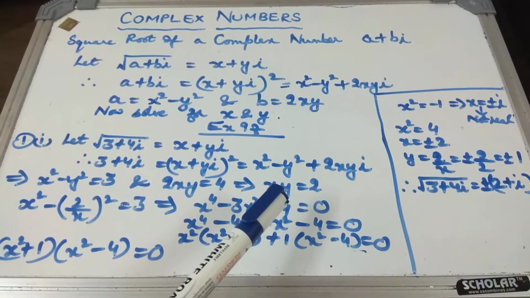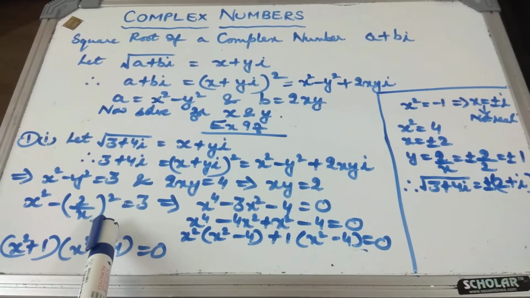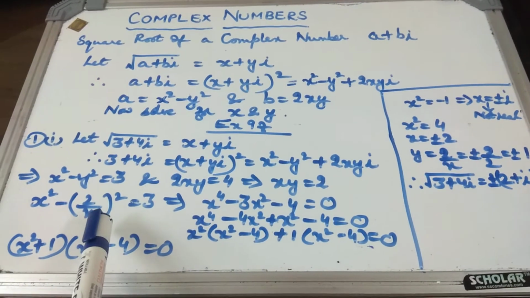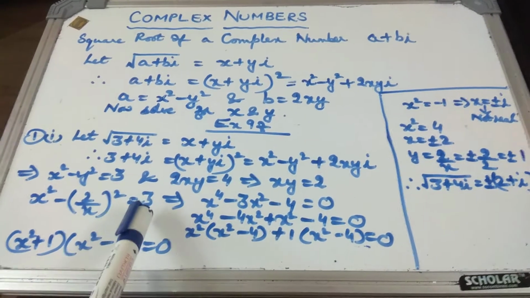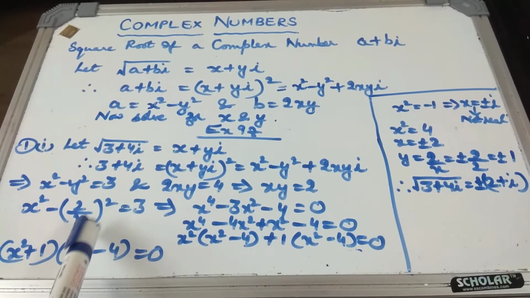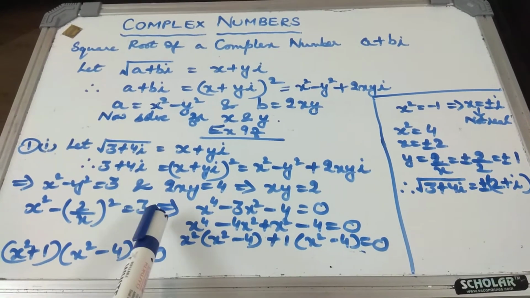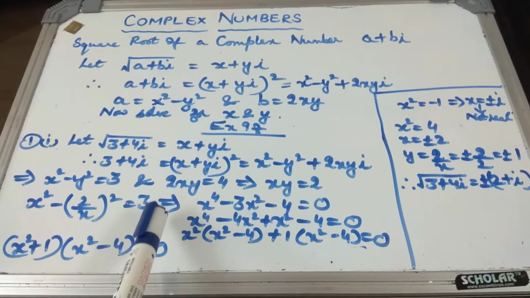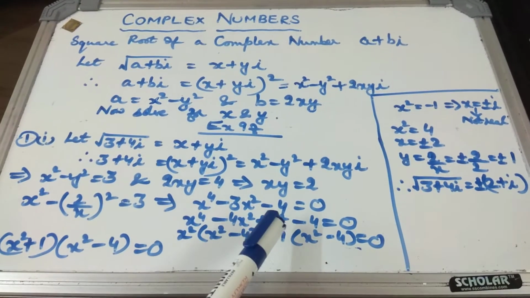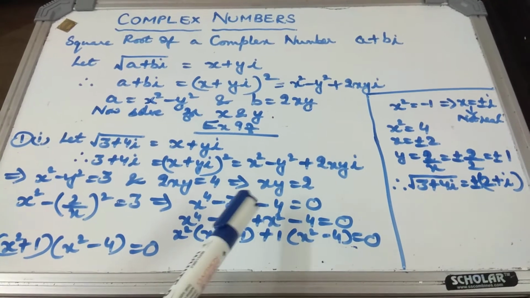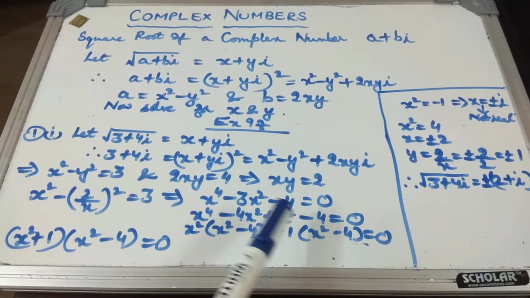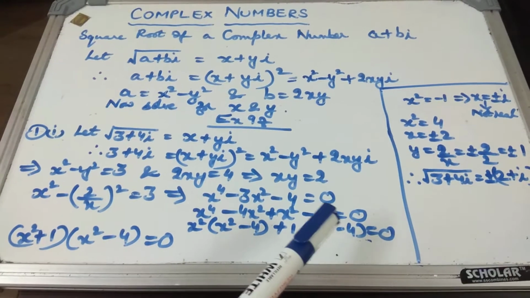Now, I have done it by substitution. I am putting the value of y as 2 upon x in this expression, and we get on the left hand side x square minus (2 by x) whole square is equal to 3. Now solving this equation, simplifying it further, it reduces to biquadratic form: x to the power 4 minus 3x square minus 4 equals 0.